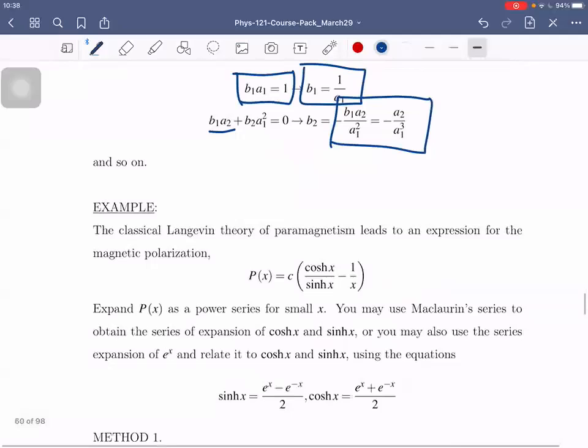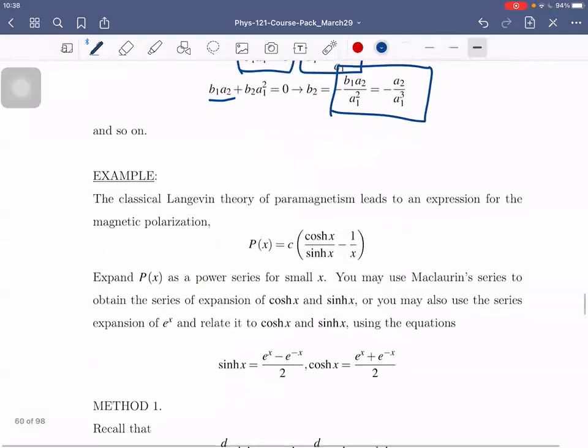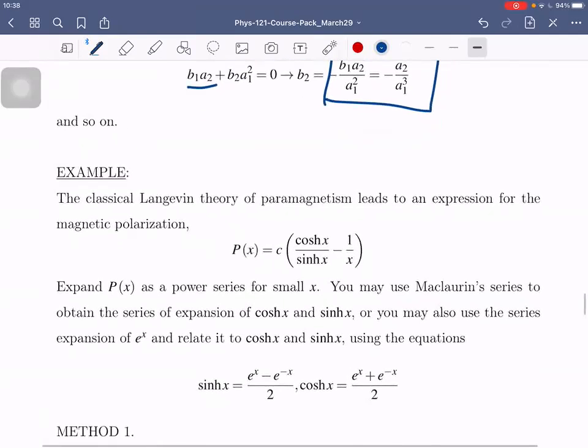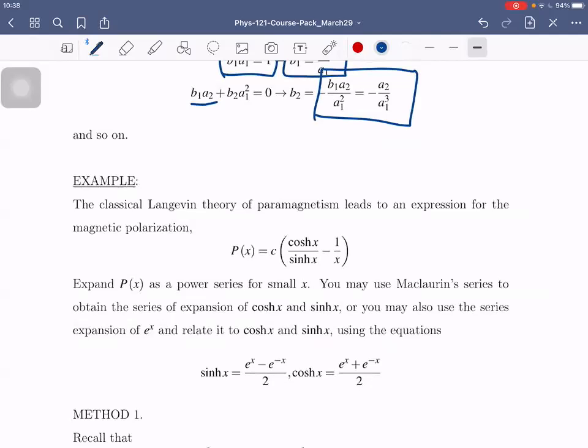Okay. So there are another example here. Another set of examples. So let's have this Langevin theory of paramagnetism.